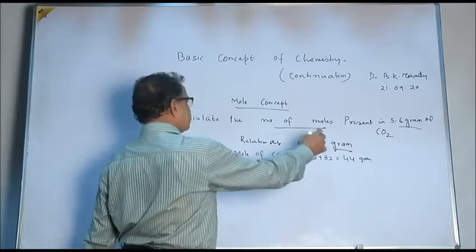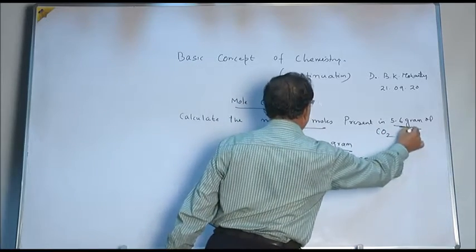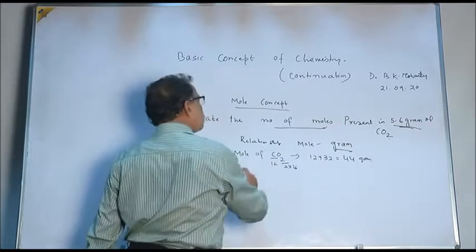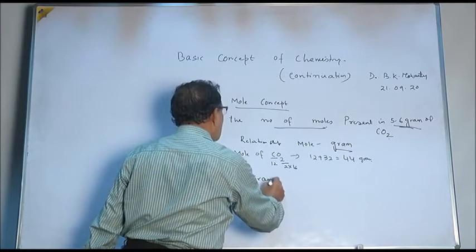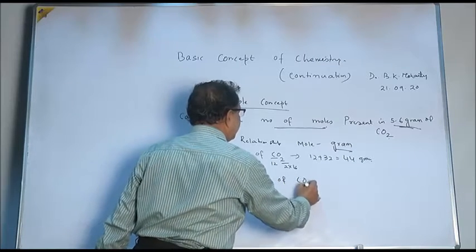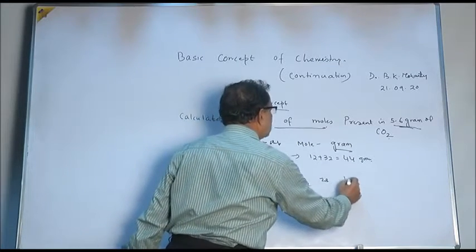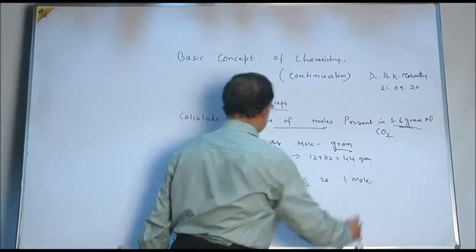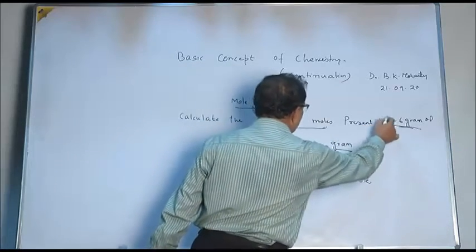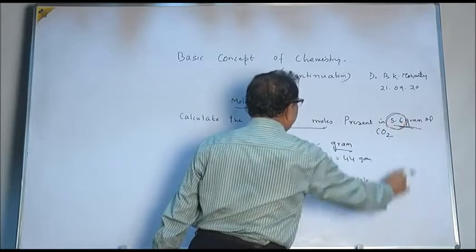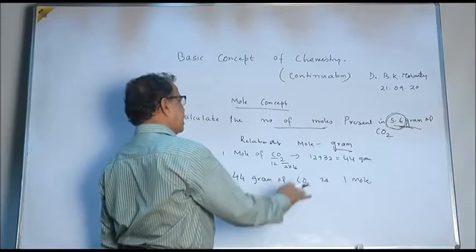So 44 gram of carbon dioxide is 1 mole. We have to find out how many moles are present in 5.6 gram of carbon dioxide.